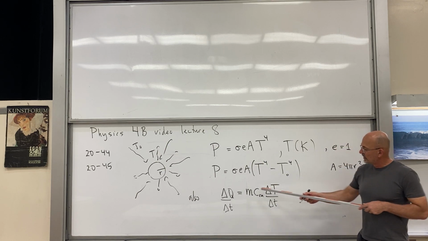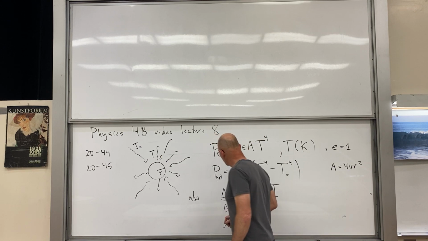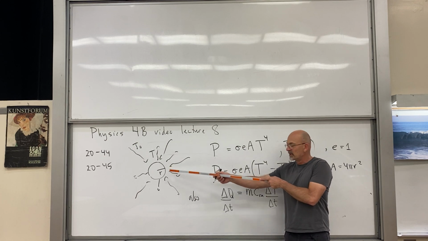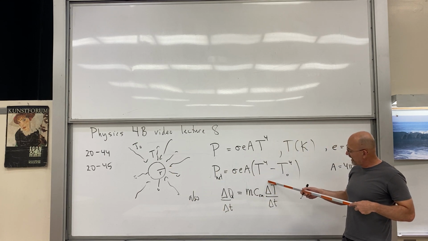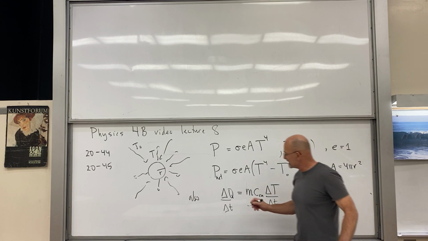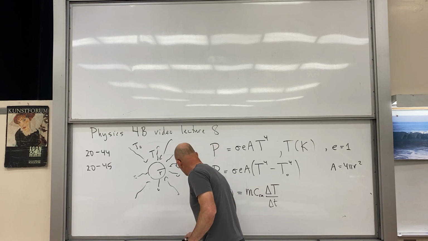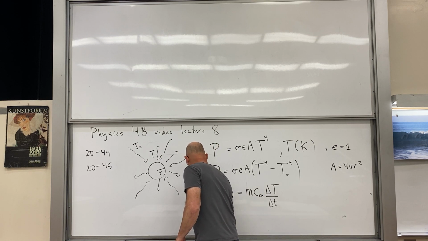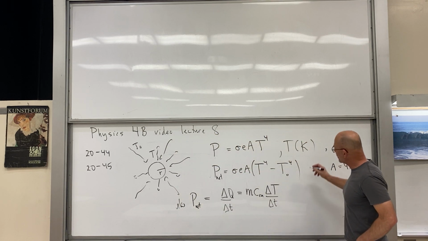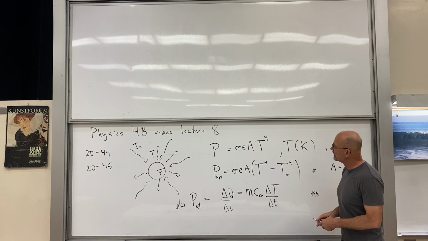Okay. So what we're going to do is identify the net change or the net power with this rate of change of temperature. That's time, that's temperature. So this is also P net. Like that. And we're just going to equate these expressions here. So let's see what happens.